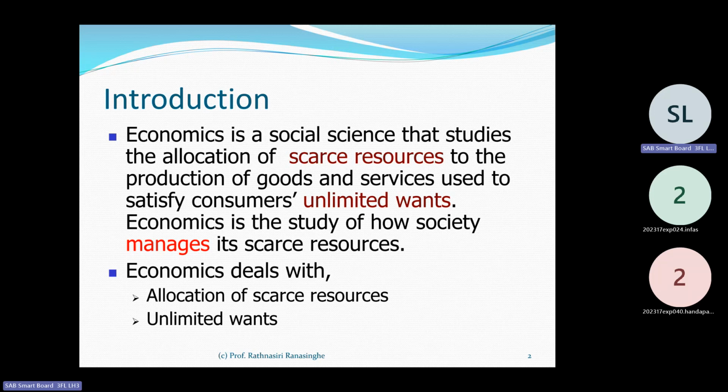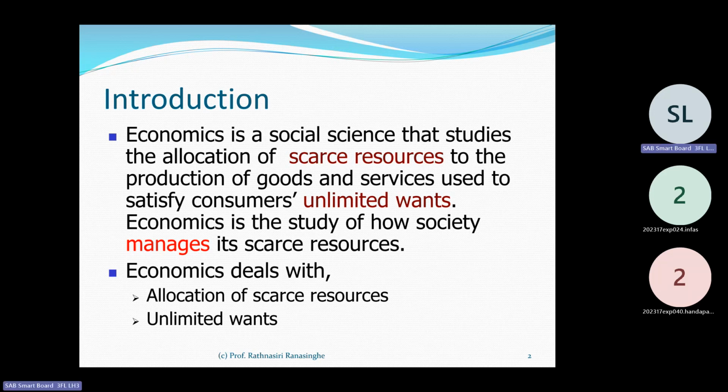So in economics we talk about how scarce resources are allocated in an optimal manner to satisfy a number of needs, because fundamentally, as human beings, our needs are limited but our wants are unlimited, right?